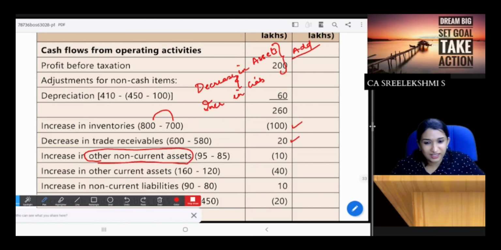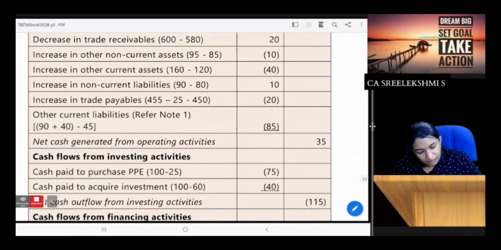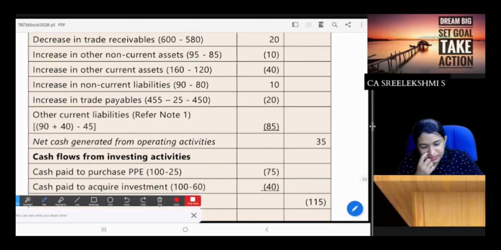Any other non-current assets, you should take here. Therefore, an increase in other non-current assets: deduct. Increase in other current assets: also deduct. Increase in other non-current liabilities, trade payables and other current liabilities: add. Now we get cash flow from operating activities.